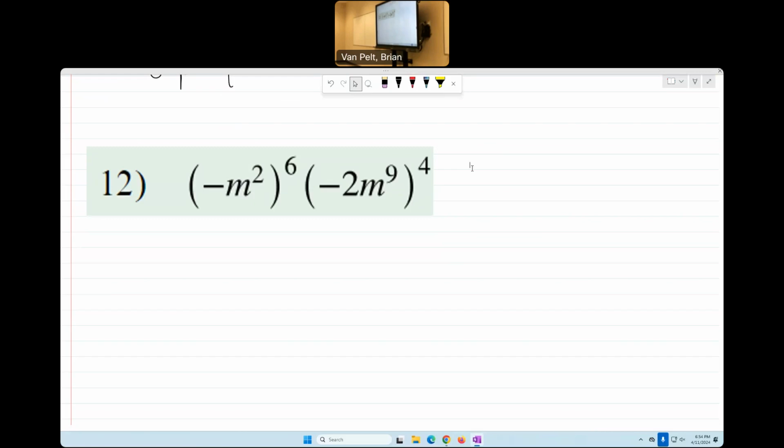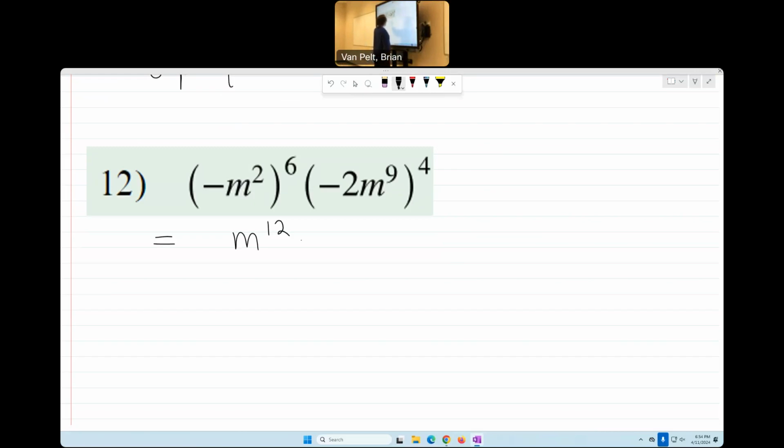So with that said, what is the first parenthesis going to be after you use the power rule? M to the 12th, that's right. So we have for this part, m to the 12th power.